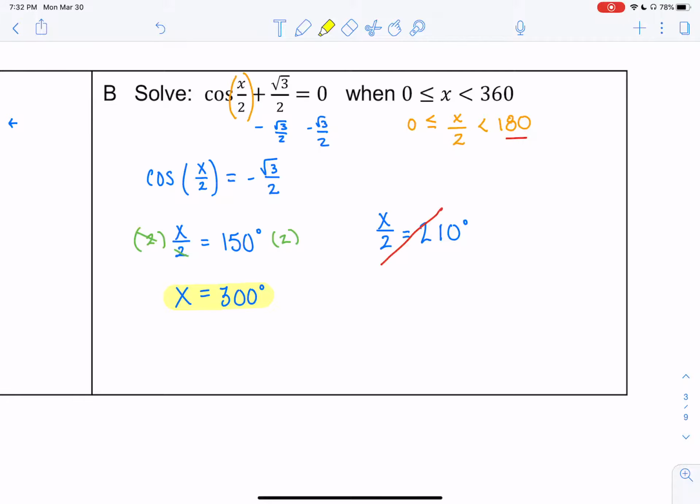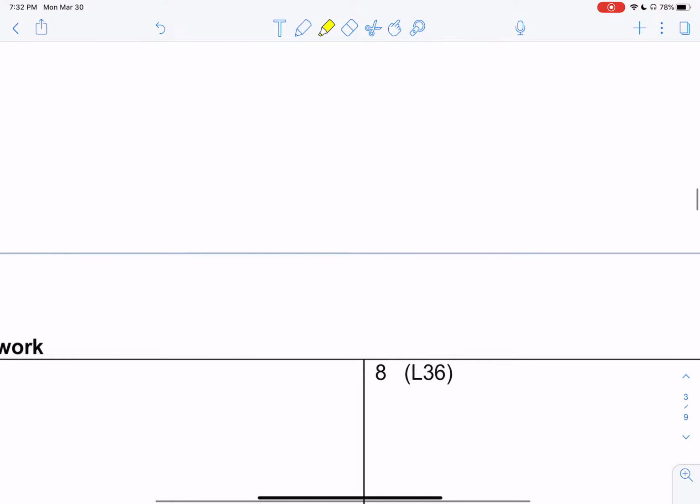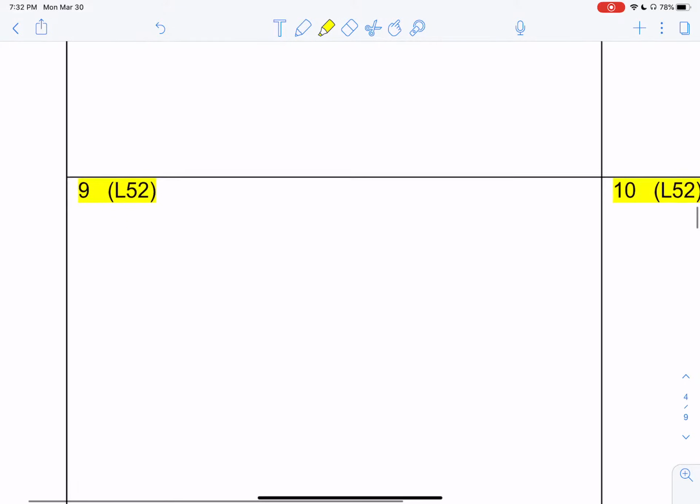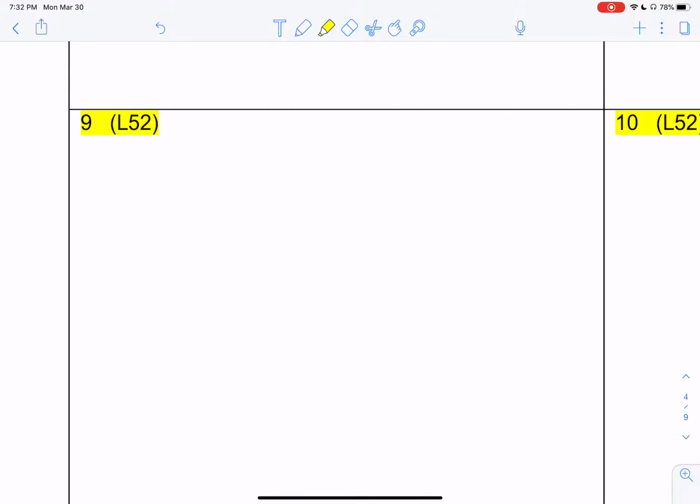If we go over to the homework questions, this is going to be starting in question 9. And in your textbook, it's on page 352. So on question 9, we have cosine 2 theta is equal to negative 1/2.